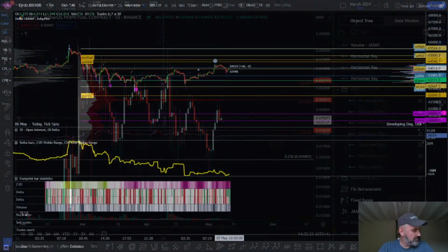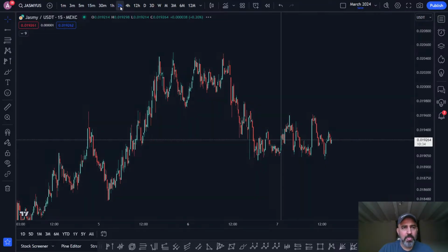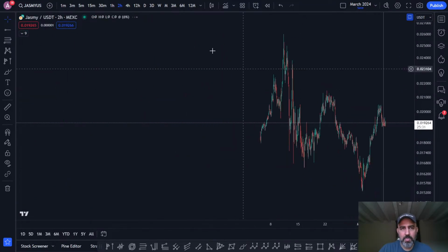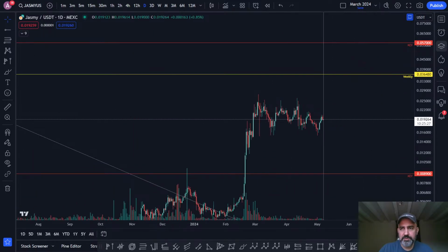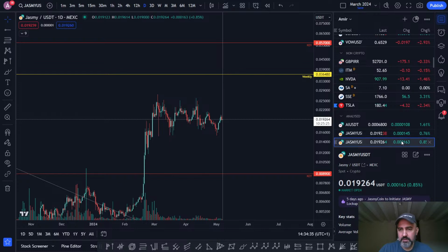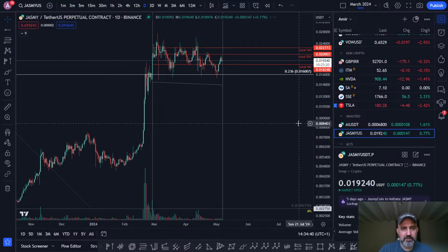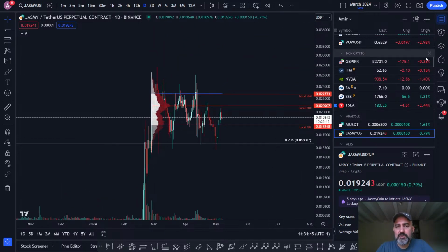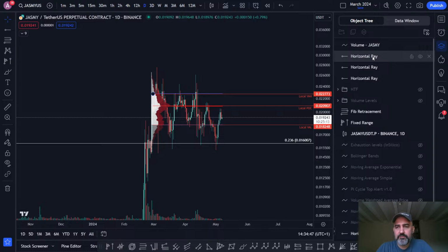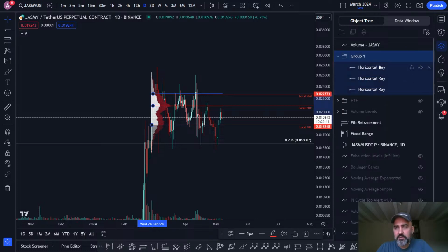While I'm doing that, which one is that? That's the wrong chart. I'm definitely going to get rid of MEXC now. Don't need it. Binance futures, that's the one. I've got my local value volume range group. Get rid of that now. Can hide that.